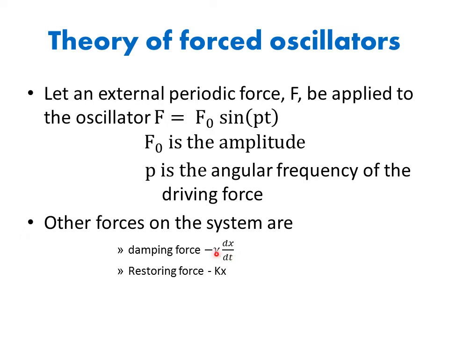Let us assume, as we had seen earlier, there is a damping force given by negative gamma dx by dt, and since it is oscillation, there will be a restraining force also, given by negative kx. Gamma is the damping coefficient and k is the spring constant.